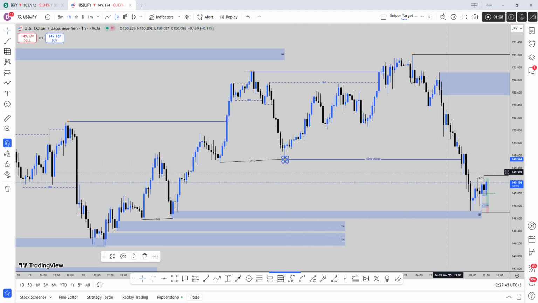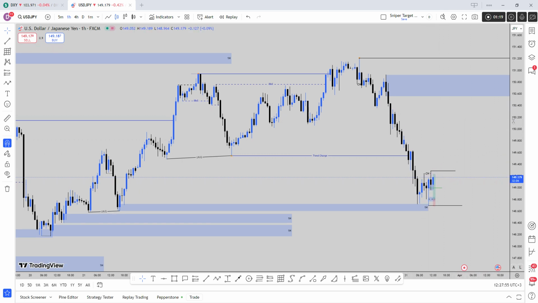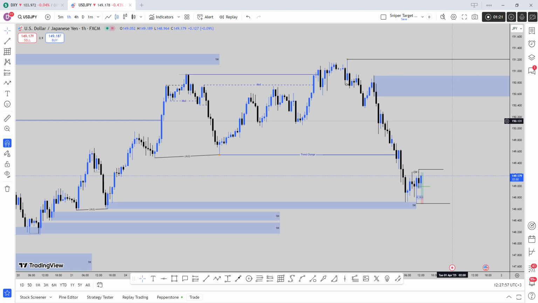So once we take out that protected low, our expectation is that we're gonna put in a lower high. At least our expectation is that price will move to the upside in a bullish trend to put in what we call a lower high, all right, before continuing with that bearish trend, because the trend right now is bearish.